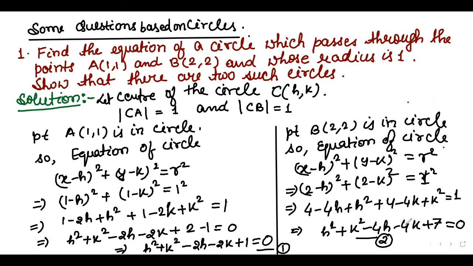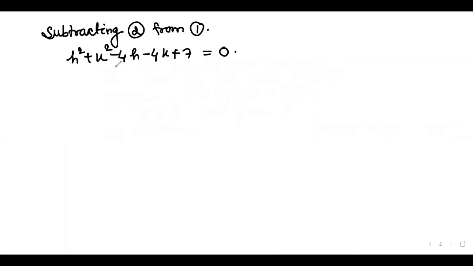Now solving equation 1 and equation 2, subtracting 2 from 1. This is equation 2: h square plus k square minus 4h minus 4k plus 7 equals 0.